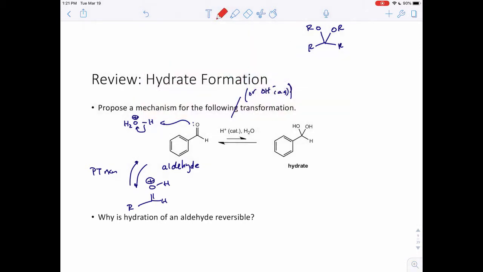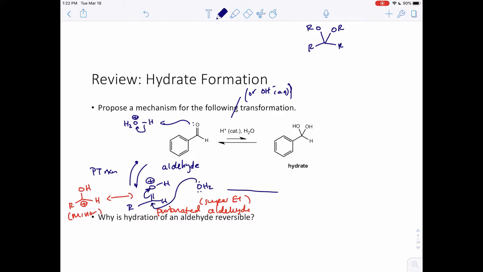We have here a protonated aldehyde, and it is a really strong electrophile. Okay, so it's a super electrophile. You can rationalize this in that now this resonance structure that puts a positive formal charge on carbon is still a minor resonance structure because carbon has an incomplete octet, but it definitely contributes more. So the protonated aldehyde is a really good electrophile. Water is going to act as a nucleophile and attack.